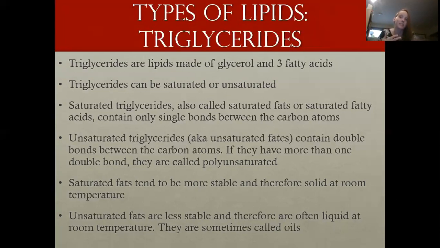So it's not saturated with hydrogen. Saturated fats tend to be more stable, so they are often solid at room temperature. Unsaturated fats are less stable, so you usually find them in liquid form at room temperature. And because of that, we sometimes just refer to them as oils.